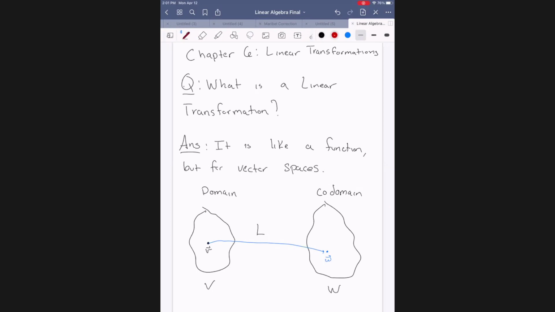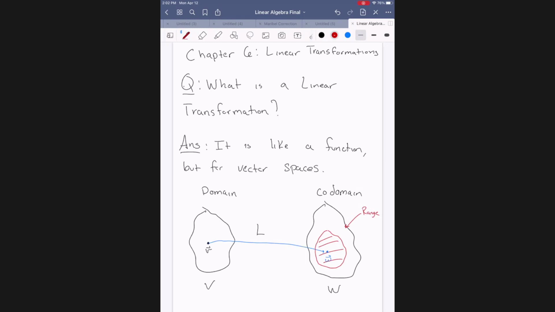So everywhere that L maps to, if it only maps to this part right here, this part is called the range, the little red stuff here. Like the function f of x equals x squared: the domain is all real numbers, and the range is 0 to infinity, right?